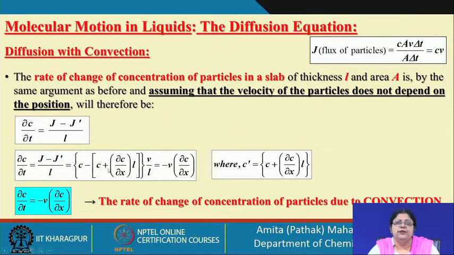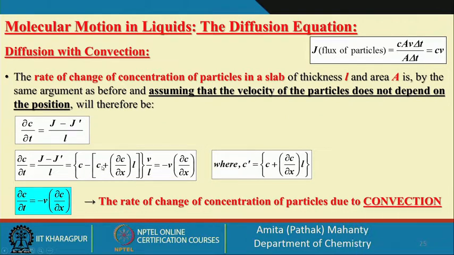It is going to be C plus C prime; you can write C plus the change in concentration with distance into L. Now, if you simplify this, you have C minus C, so C gets cancelled, and the only thing left is dC by dx into L. This 2 gets cancelled.